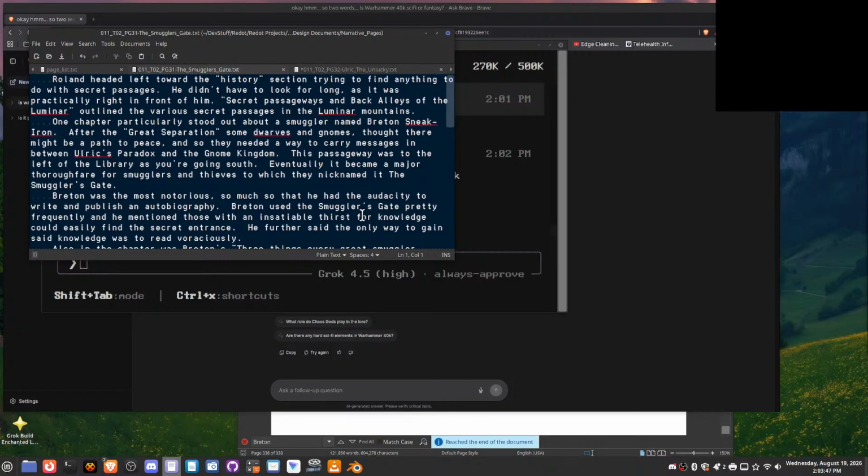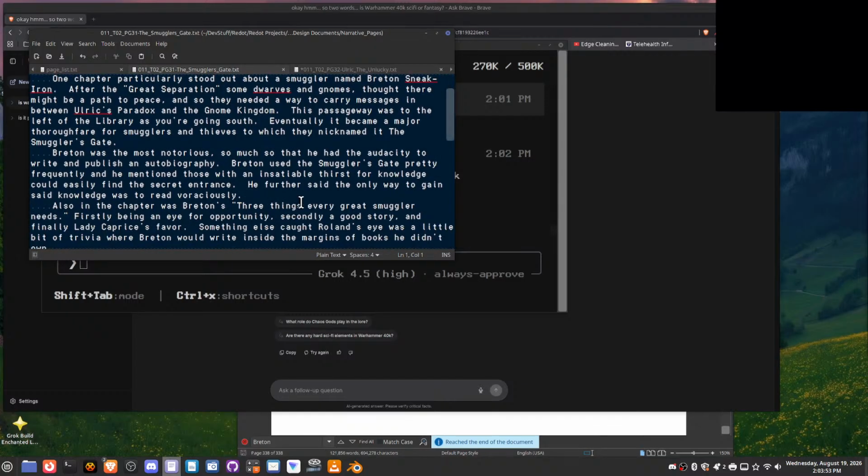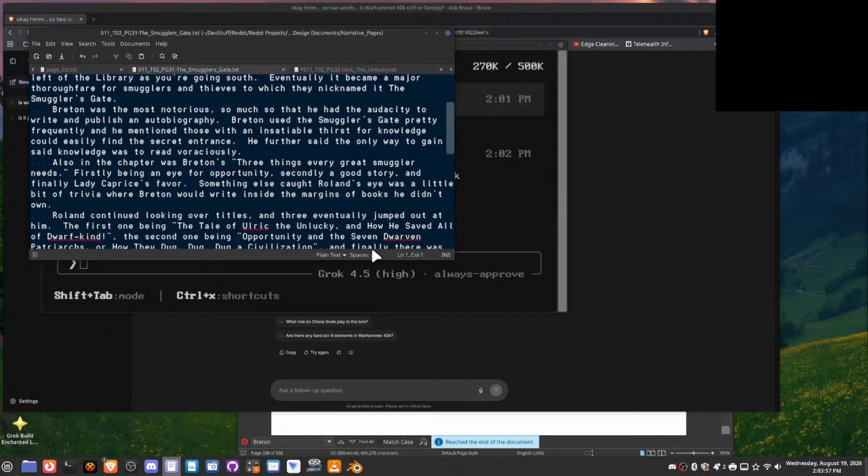Wait, let's go back to Smuggler's Gate here. Frequently, a bit of trivia was right inside the margins or in the back covers of books you didn't own.